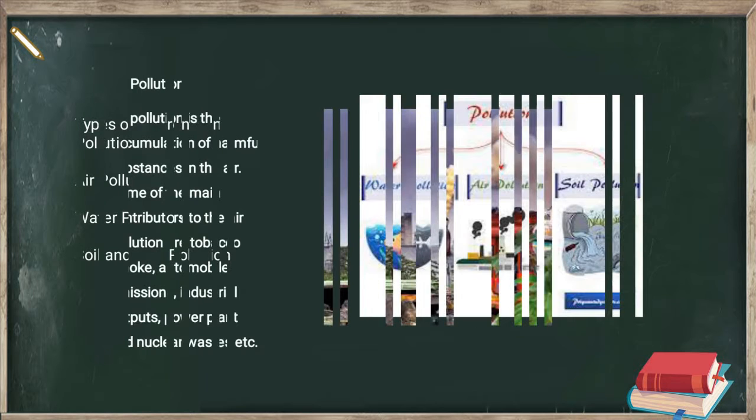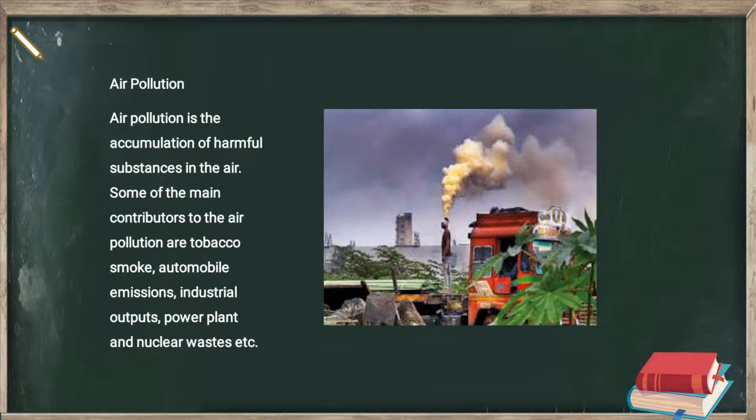First, we'll talk about air pollution. Air pollution is the accumulation of harmful substances in the air. Some of the main contributors to air pollution are automobile emissions, tobacco smoke, industrial output, power plants, aerosol sprays, brick fields and nuclear wastes. We take oxygen from the air for our survival.